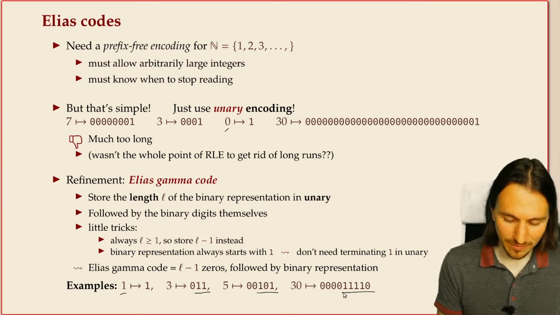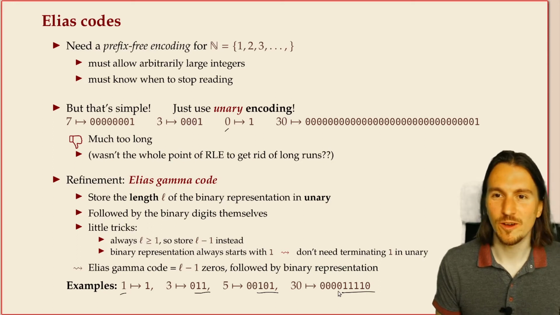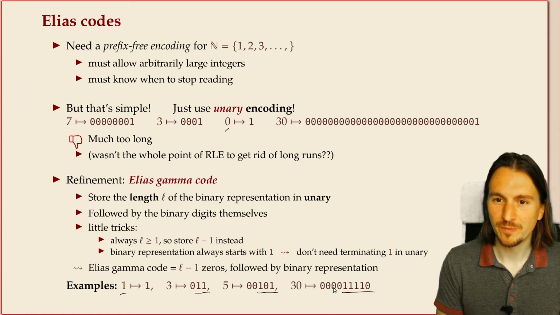And as you might see from this, we take the binary encoding and we make it roughly twice as long by adding this bunch of zeros.